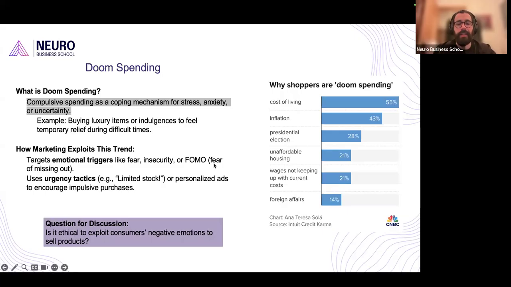So yes, in this case I'm talking about doom spending, but as one of the examples of the idea of exploiting negative emotions to sell products. What's your opinion? I would like to know more about your opinions about this. Do you think that it is ethical to exploit negative emotions to sell products?